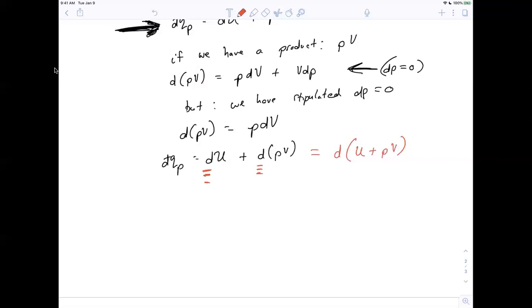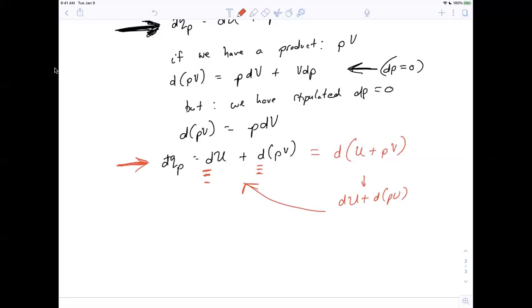So this would just be dU plus d(PV), but of course that's just what we started with. That's why I wrote the equality. So what we have here now is that dQ sub P, this heat interaction at constant pressure, is equal to dU plus d(PV).